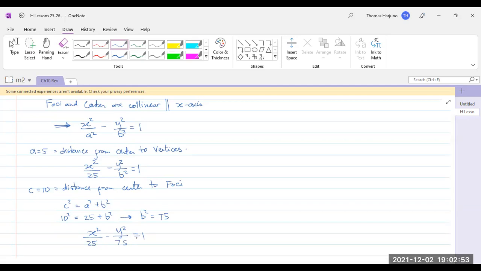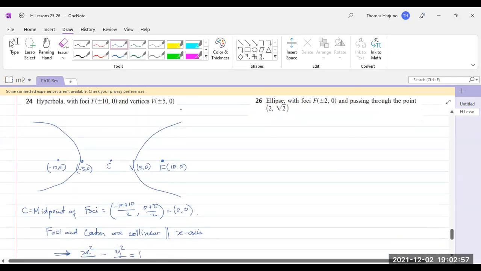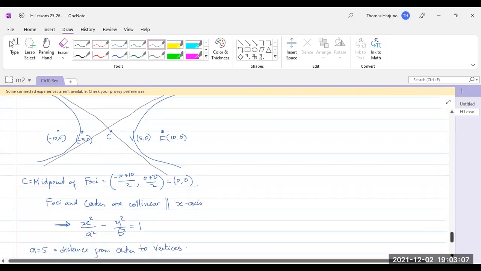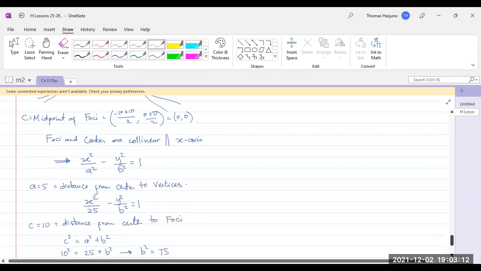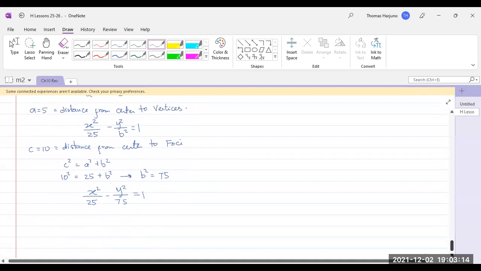Now, something they didn't ask us: using that equation, can we find the asymptotes? Actually, it's not too hard, right? We already have the equation, and we are done with the question once we get it.